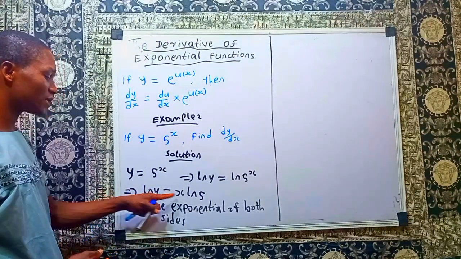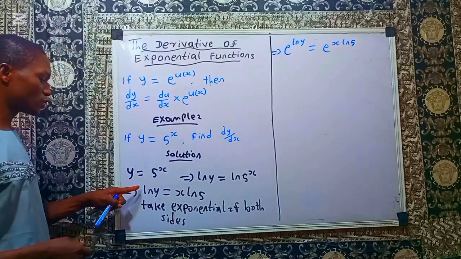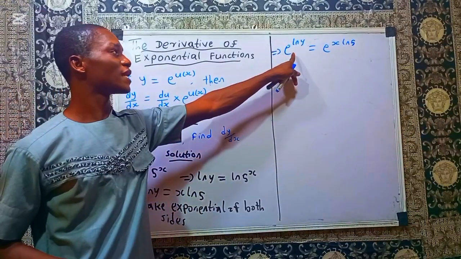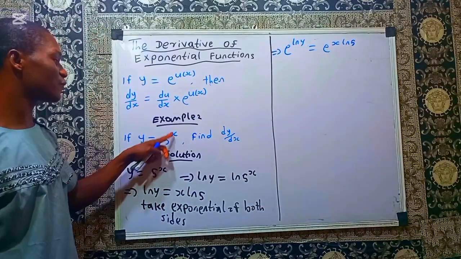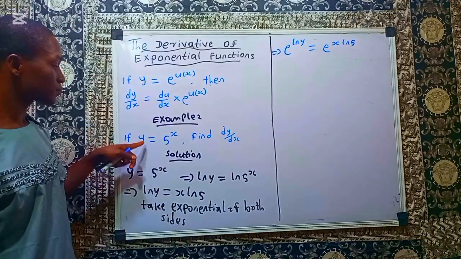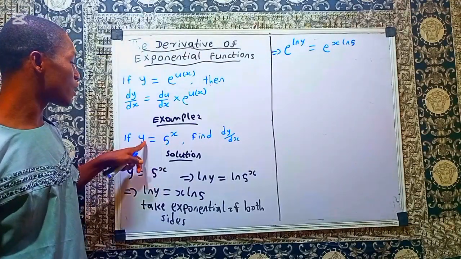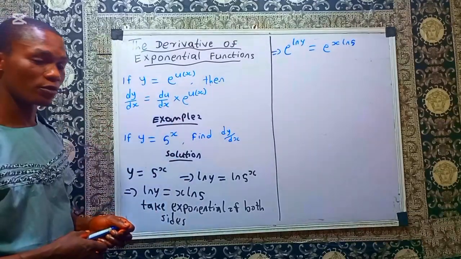So I took the exponential of both sides, so that we can now make y the subject of the formula, and by so doing we have transformed this function, y equals 5 raised to power x, to an exponential function of the Euler number.